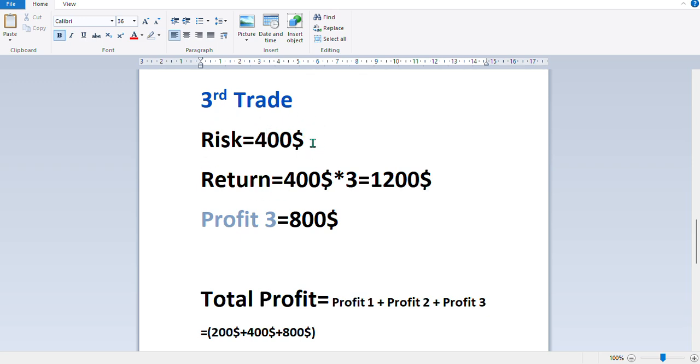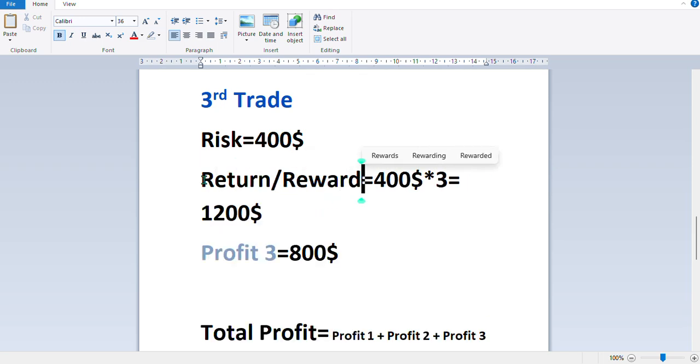And our return on investment, or the reward, you can call it either a return or a reward, will be $400 multiplied by 3, which is $1,200.